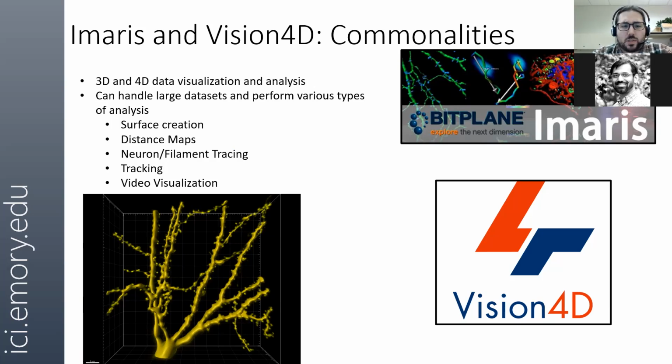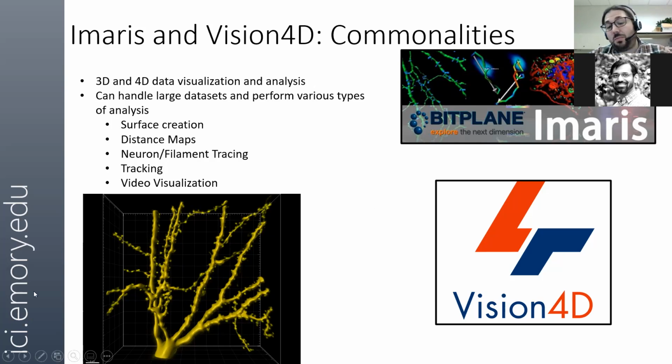You can create surfaces of the various structures, distance maps, and get data on how far certain structures are from other structures of interest. Perhaps it's how far these cells are from this filament I traced, and that filament is actually tracing a blood vessel. Questions like that.